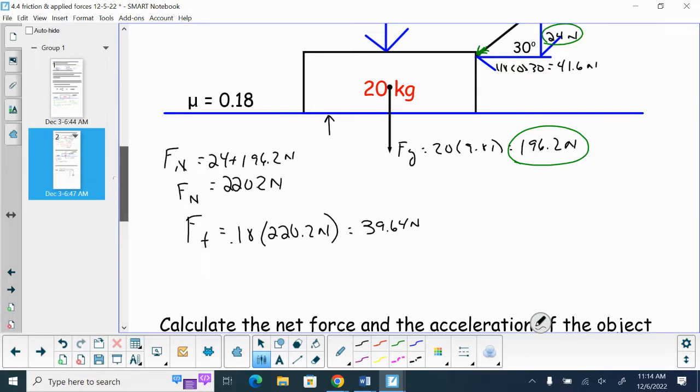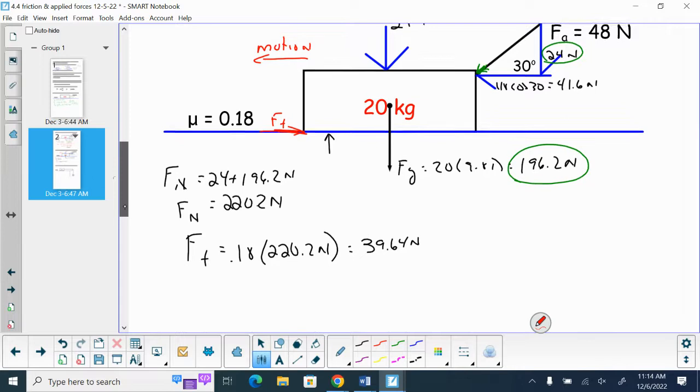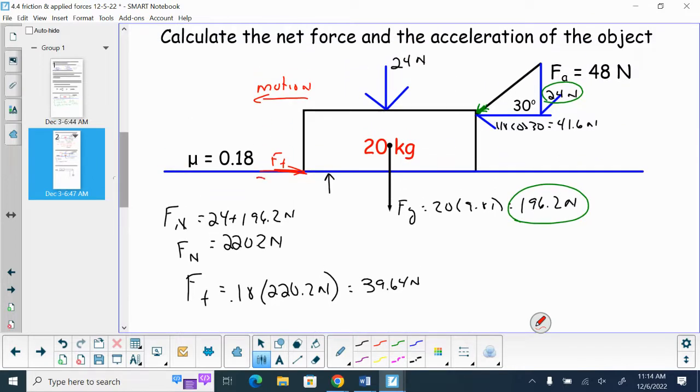Look at that. Okay, so once again, we are now pushing down on this object. So we are hoping that we're going to get motion in this direction, which means our force of friction is going to be counter to that. So our force of friction is 39.64.